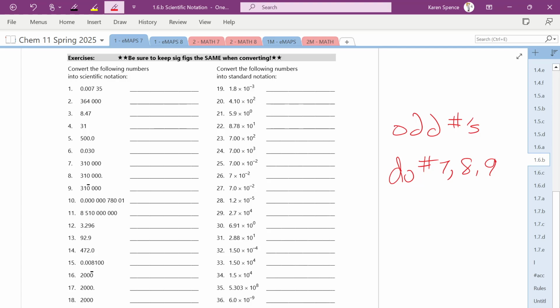So you just add extra zeros. Yes, decimal means how long it is.